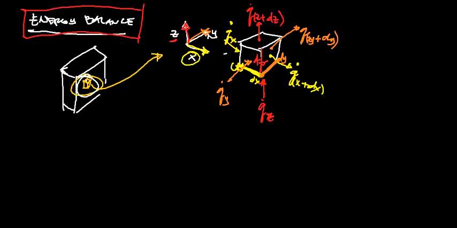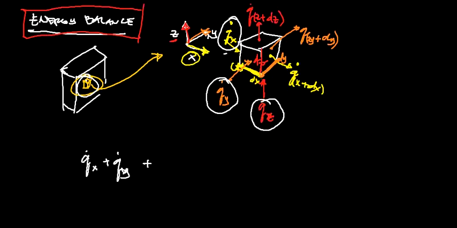The Q entering the system is Qx, Qy, plus of course the heat entering in the z direction. They are all going into the system.